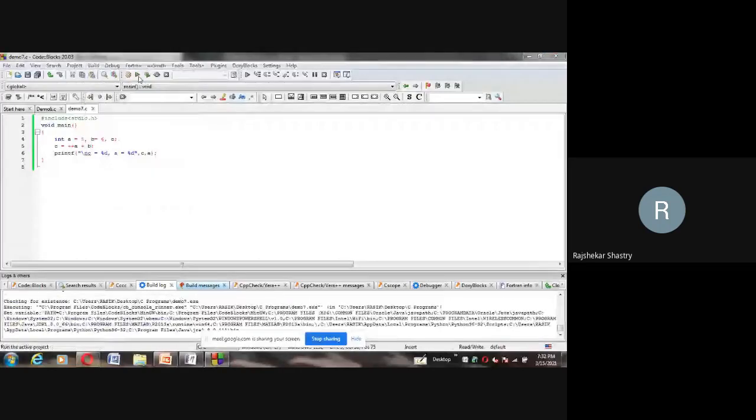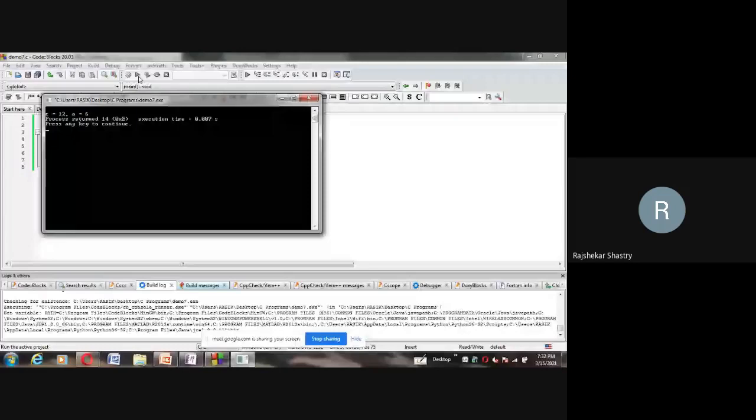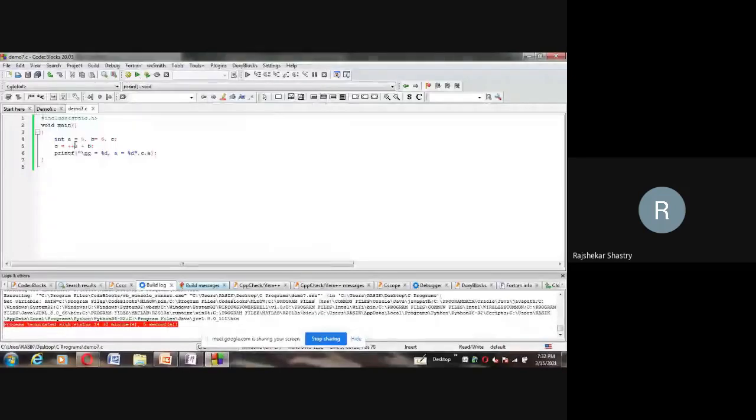Now, what about postfix form? Suppose if I erase this and use it like this. What is the answer? You said it is 11 comma 6. Let us see how it is 11. This time it is postfix form. In postfix, first the old value will be used in the expression. So in the variable a is equal to 5. That 5 value is going to be replaced in that expression.